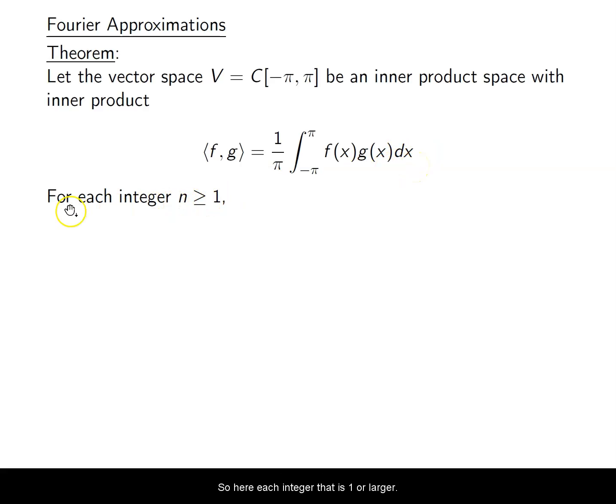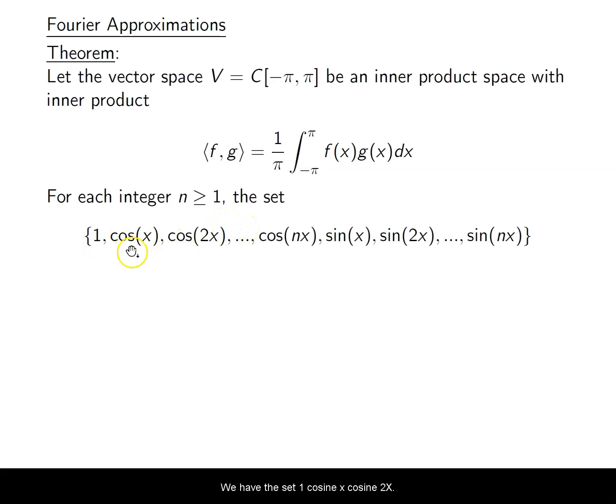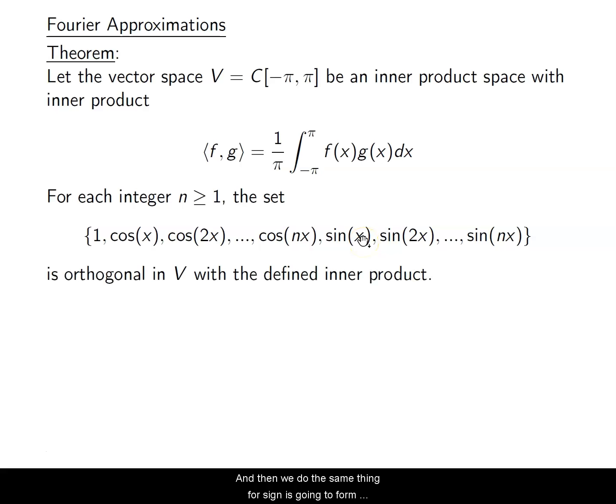Okay, so here for each integer that is 1 or larger, we have the set 1, cosine x, cosine 2x, continuing to increase by an integer amount until n, and then we do the same thing for sine, is going to form our basis for our orthogonal inner product space of V.